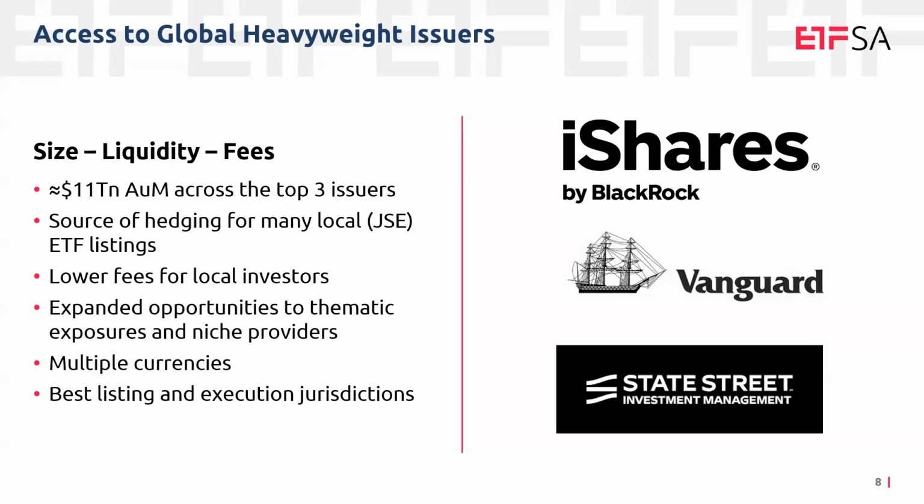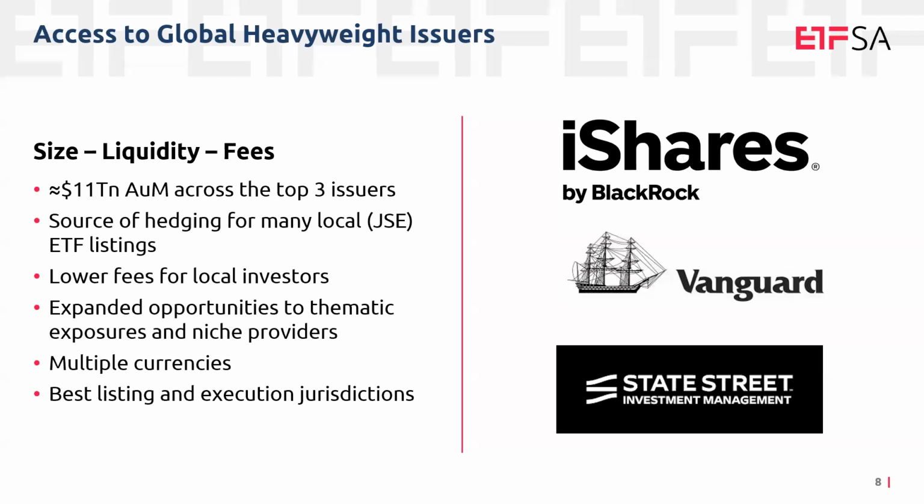Between these top three issuers, iShares by BlackRock, Vanguard, State Street Spider products, $11 trillion in assets under management for those ETFs. They happen to also be the underlying holdings of many of the JSE listed ETFs. But we have limited exposure to some of the likes of Vanguard and State Street through this.